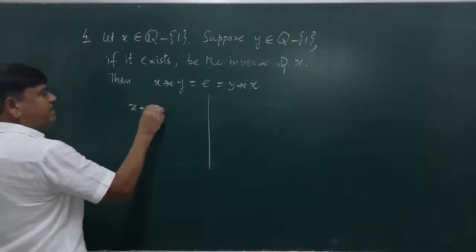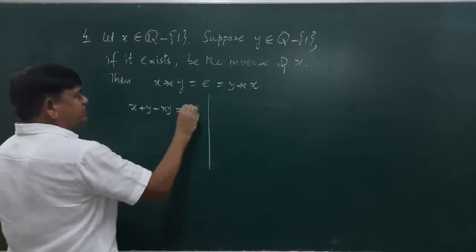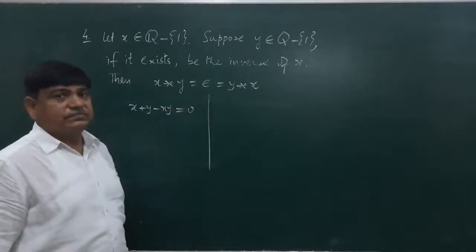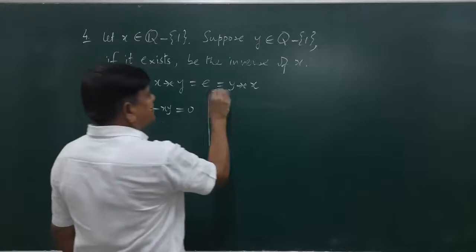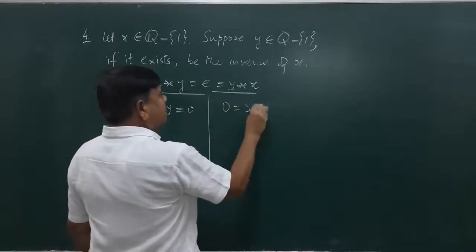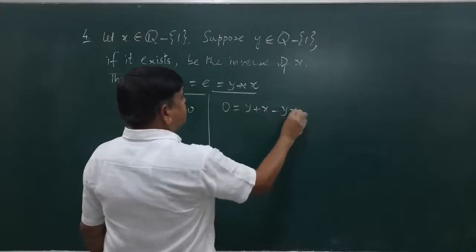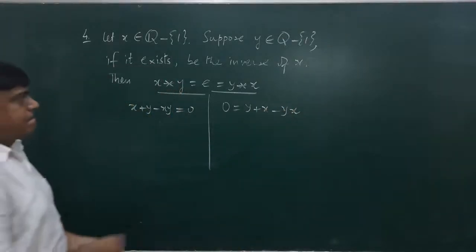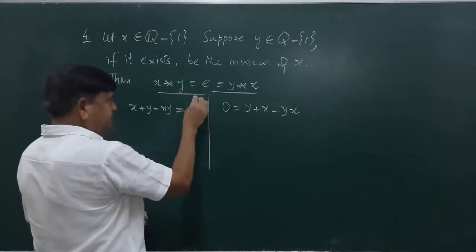x plus y minus xy equals 0 because the identity element is 0. If I cancel this part, then here it is 0 equals y plus x minus yx. Both we will consider, e is 0.